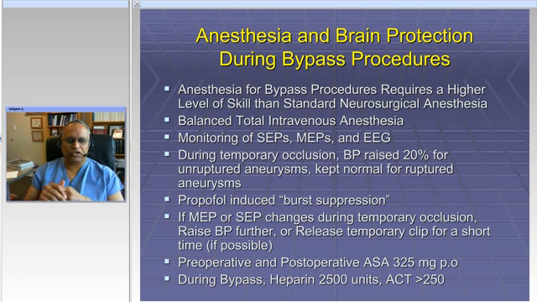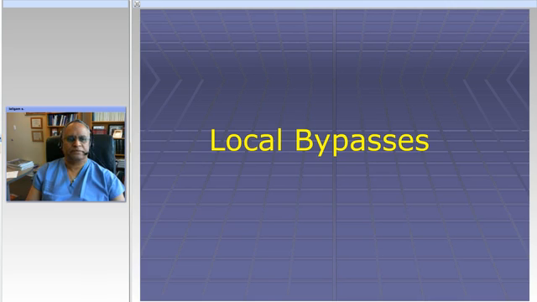During the bypass, I also like to give them heparin to maintain activated clotting time more than 250 seconds. And if there are changes in the MEP or SSEP during occlusion, you can raise the blood pressure further, or if it is possible, you can also release a temporary clip for short periods of time.